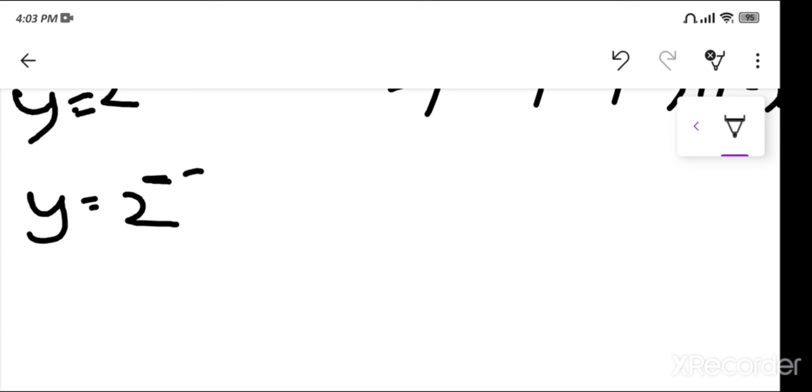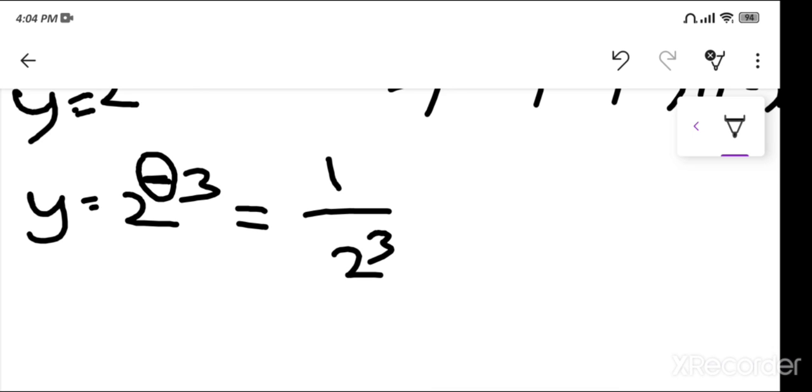So you will actually get 2 power minus 3. This is where the trick comes. As I told you last time, when there's a negative sign, you need to convert it into positive in order to get the answer. It's the rule. So you will write this as 1 by 2 power 3, which gives you 1 by 8.